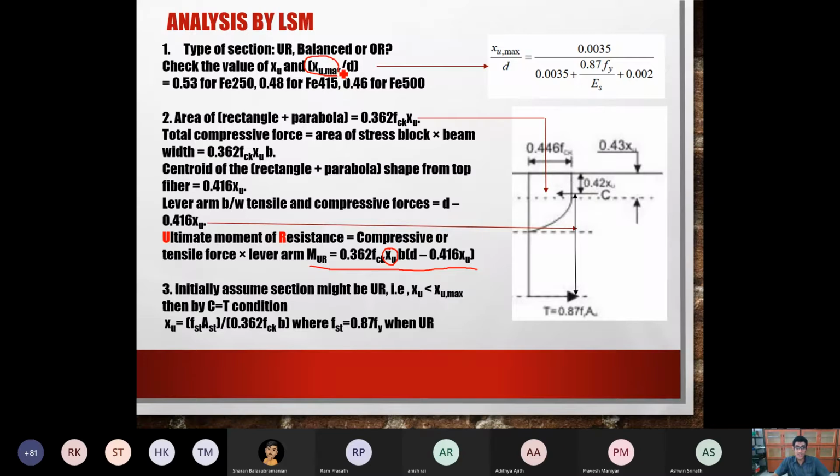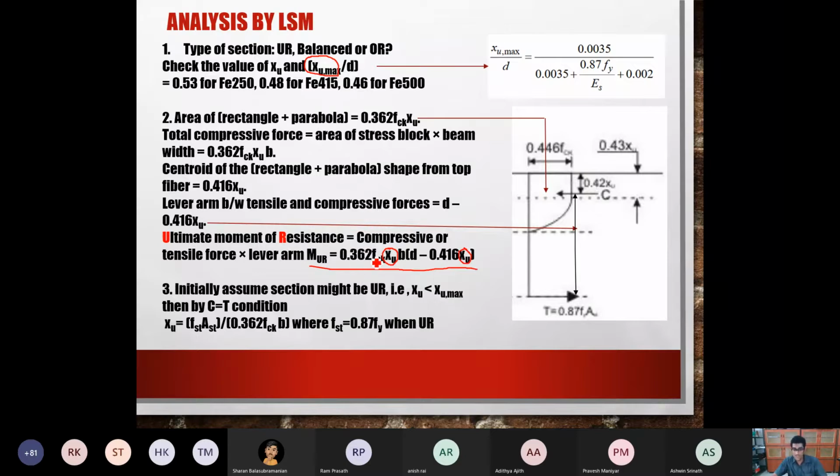So what is XU max? XU max is nothing but either 0.53D or 0.48D or 0.46D, depending on what grade of steel you have. So based on this, you just make that substitution, and also here as well, in both places.